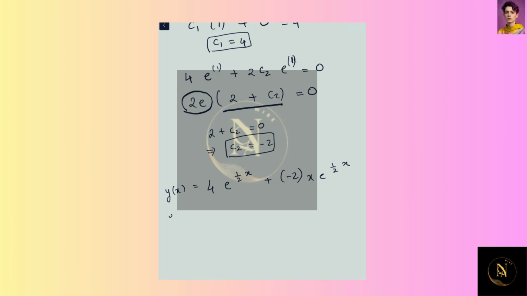So we can write the equation as y(x) = 4e^(x/2) - 2x e^(x/2), and this is the final solution.